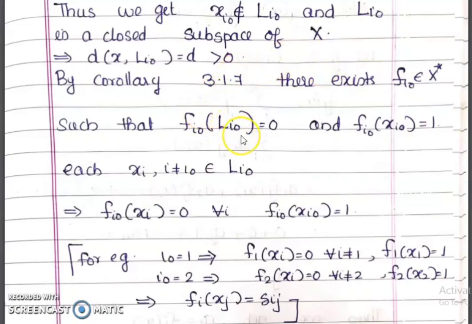This is actually the span of xi, i not equal to i naught. Therefore, clearly each xi, i not equal to i naught, belongs to Li naught. This implies fi naught of xi equals 0 for every i not equal to i naught. Therefore, fi naught of xi naught is equal to 1.